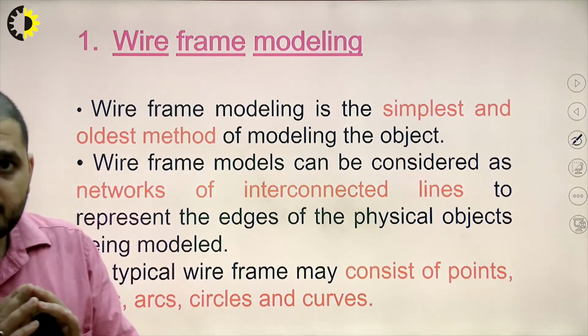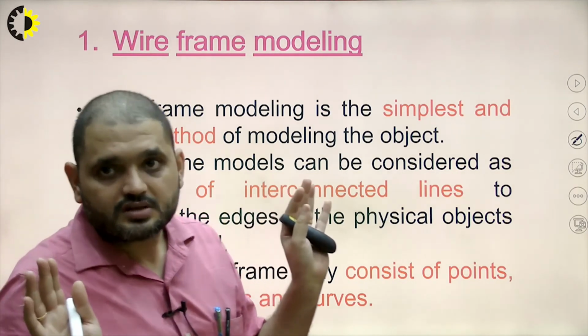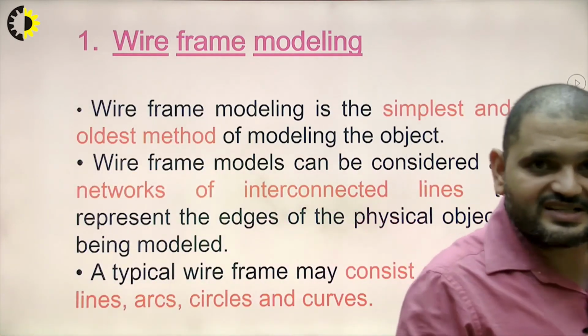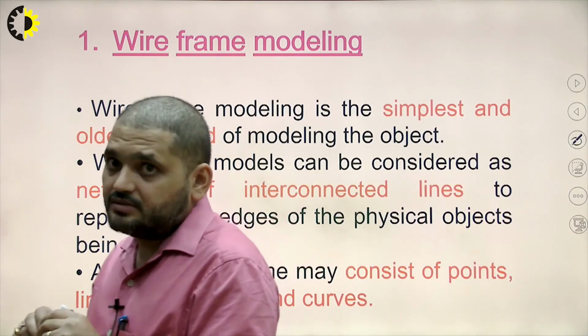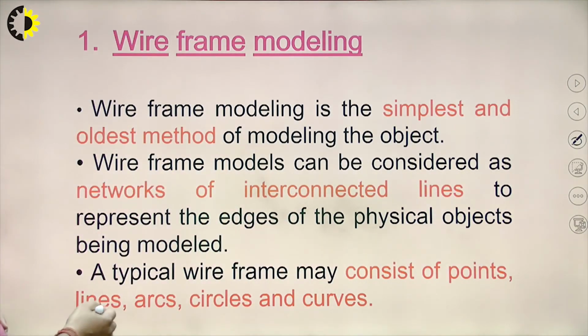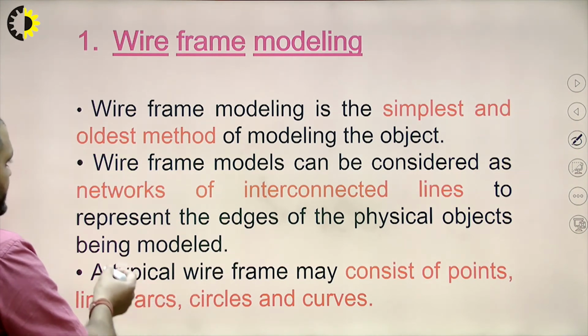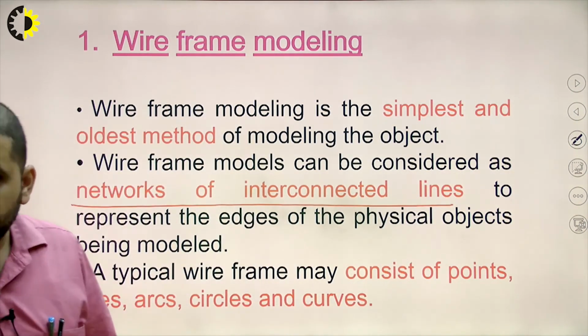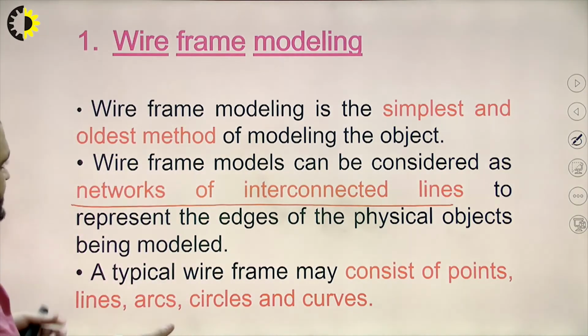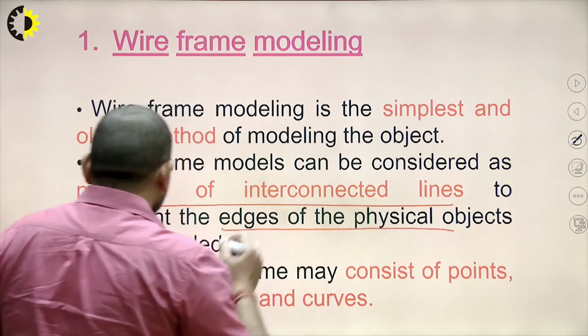So in a wireframe model there is no surface available, only edges and corners. Wireframe models can be considered networks of interconnected lines, and we call those edges interconnected lines to represent the edges of the physical object being modeled.